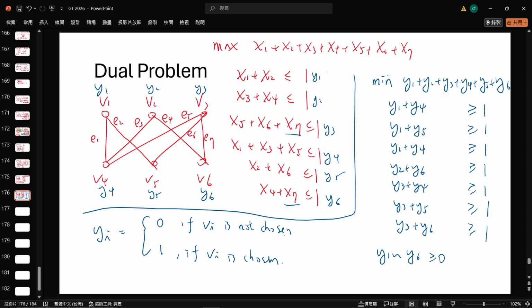Now we have to look at the objective function, okay? The objective function says we want to minimize the sum of the variables. Now because these variables indicate whether they are chosen or not, this basically says I want to choose the smallest number of vertices. I want to choose the least possible vertices, okay?